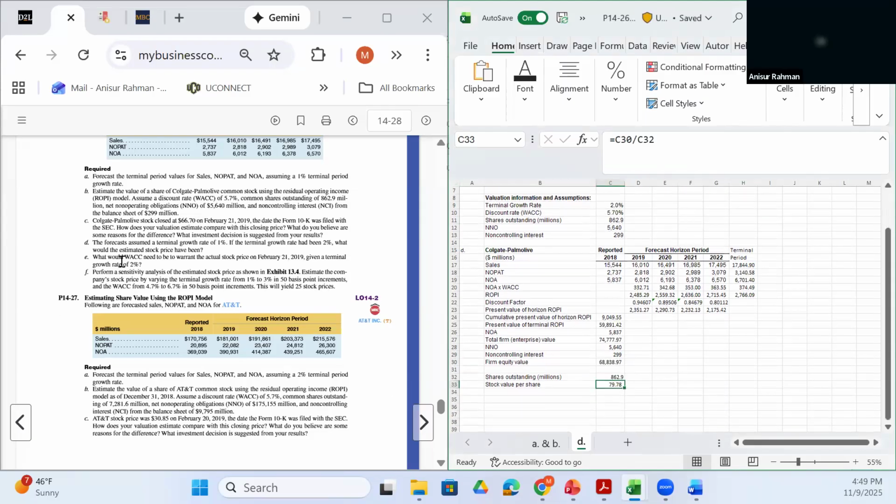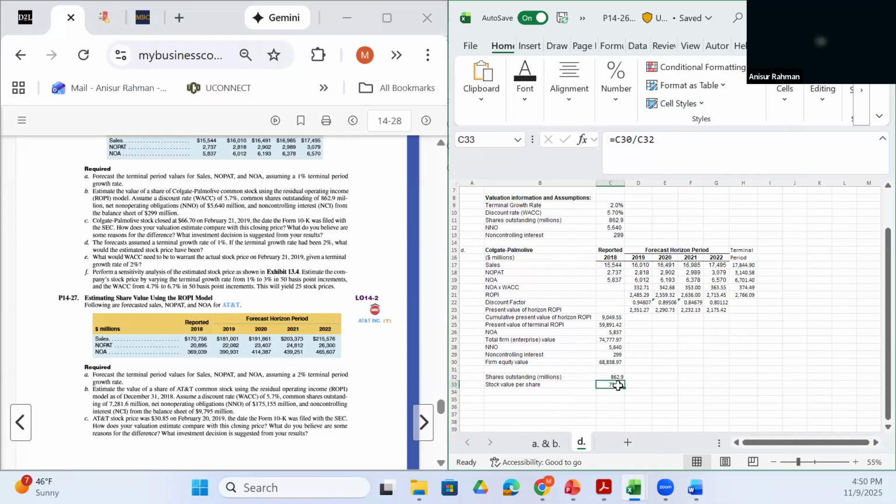Okay, for E, what would WACC need to be to warrant the actual stock price on February 21, 2019, given a terminal growth rate of 2%? So let's say the terminal growth rate is 2%, but our share price is now $79.78.